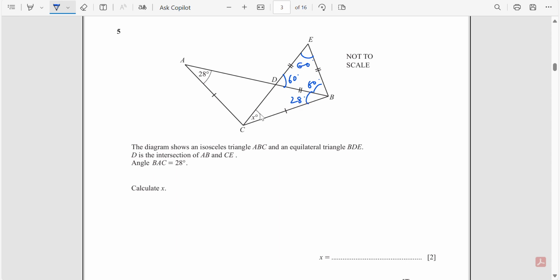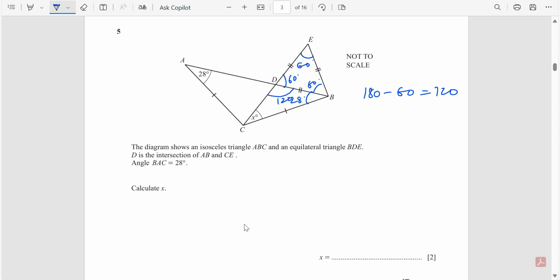Now you need to find x. This DCB also makes a triangle, and CE is a straight line, so you can get this angle by subtracting 60 from 180 and you get 120. So the sum of these three angles must equal 180 because it's a triangle.